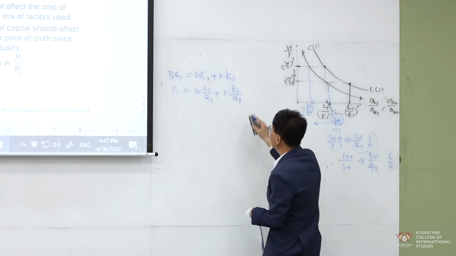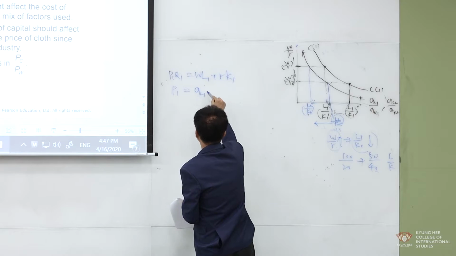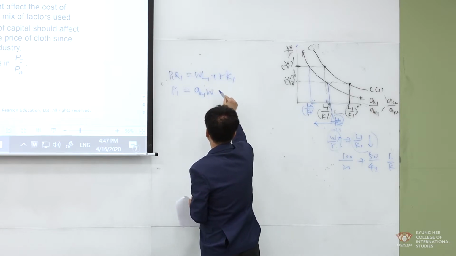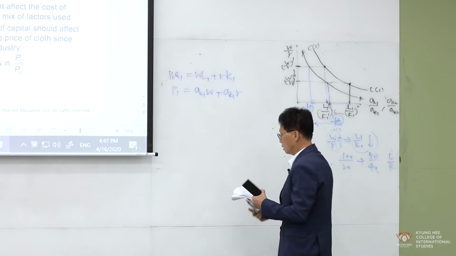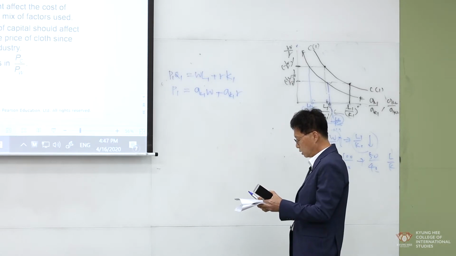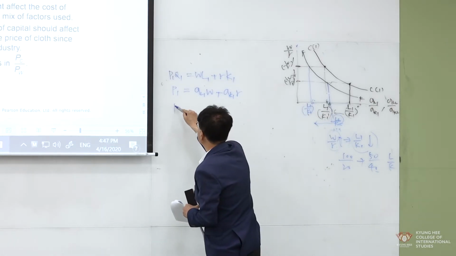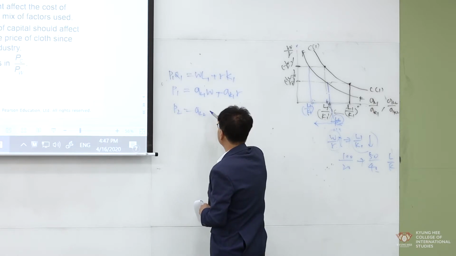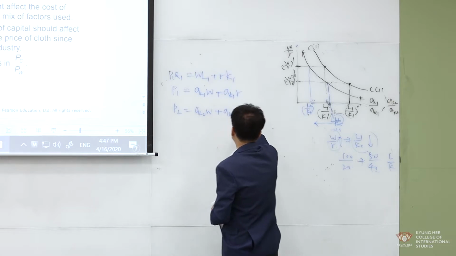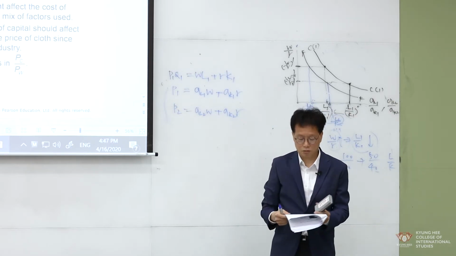So rewriting this, P1 is aL1 times the wage rate plus aK1 times r. Similarly, following the same procedure, P2 is aL2 w plus aK2 r. We can get these relations.